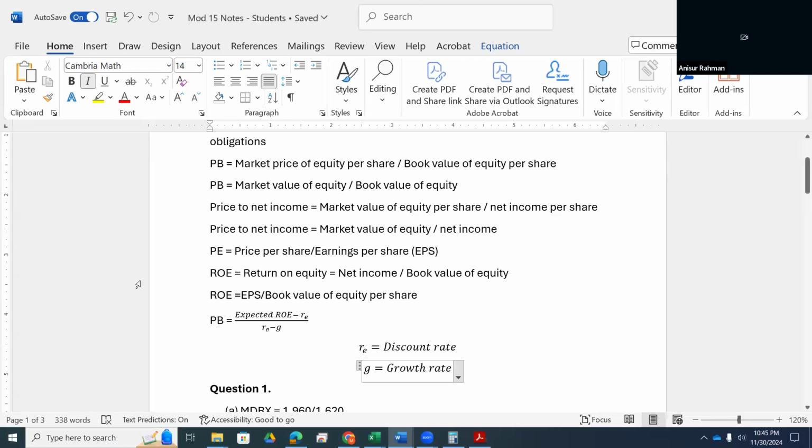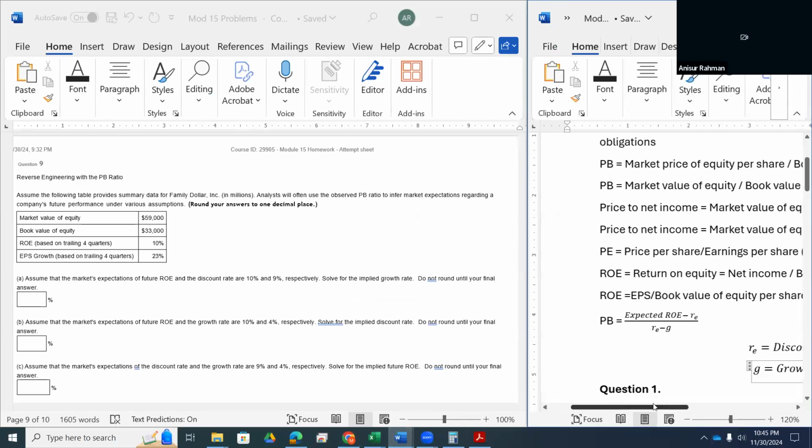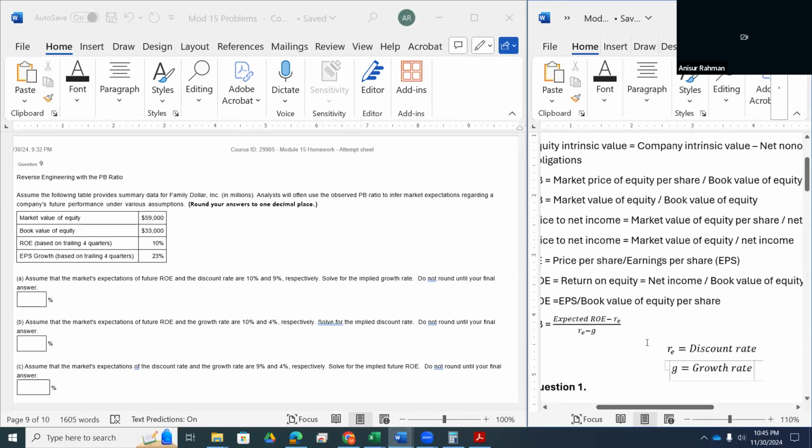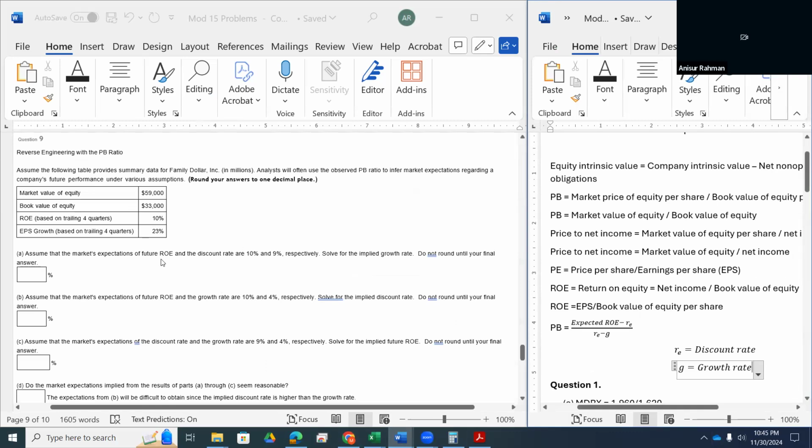So we have this formula. We assume our expectation of future ROE is 10%, so we know this, and the discount rate is 9%, so we know RE is 9%.